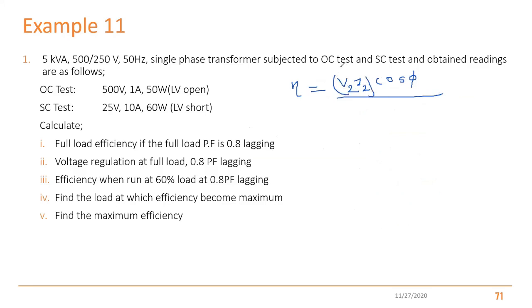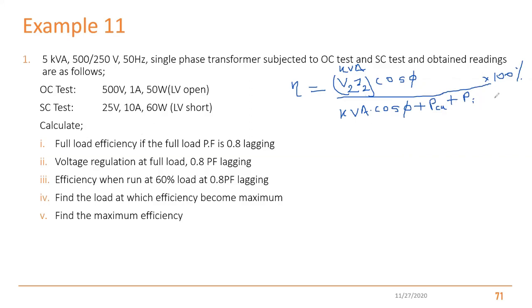So kVA value into cos phi, divided by kVA value into cos phi plus copper loss plus iron loss, as a percentage. That is the definition of the efficiency. Therefore I have to find out the iron loss and copper loss. The first part is the full load efficiency, so I have to find out the full load copper loss and PI.